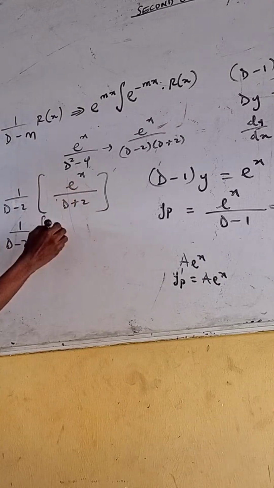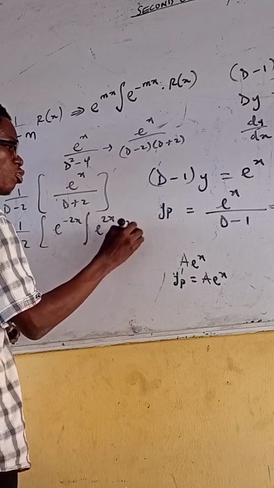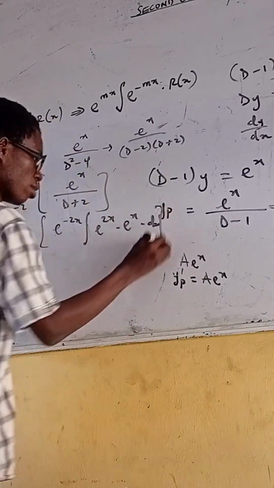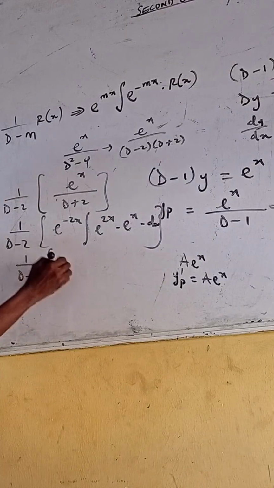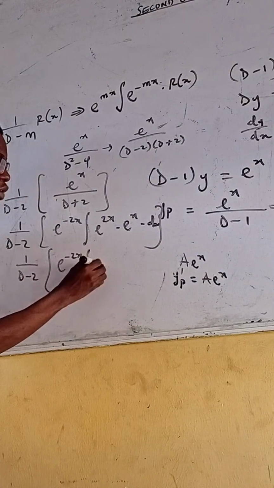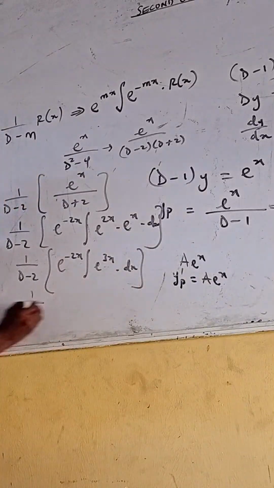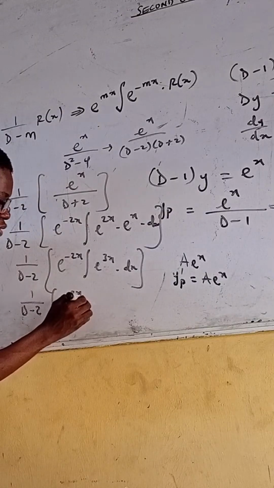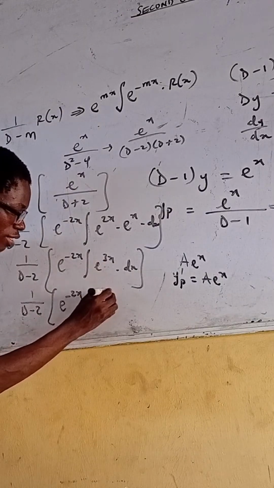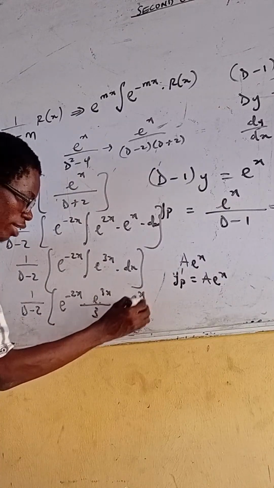This one will now be e raised to power minus 2x integral of e raised to power 2x dot e raised to power x dx. So that's 1 over D minus 2 of e minus 2x integral of e raised to power 3x dx, which is 1 over D minus 2 of e minus 2x dot e raised to power 3x over 3. If you multiply this together, it's the same thing as e raised to power x over 3.